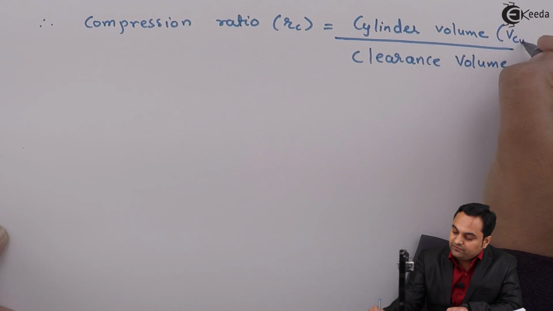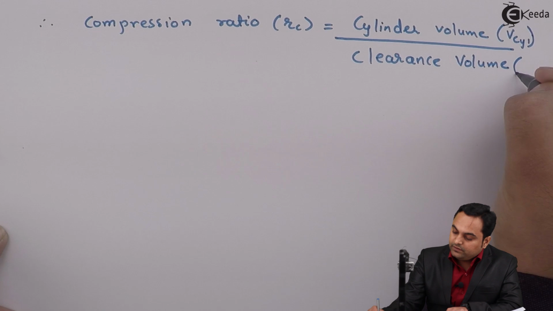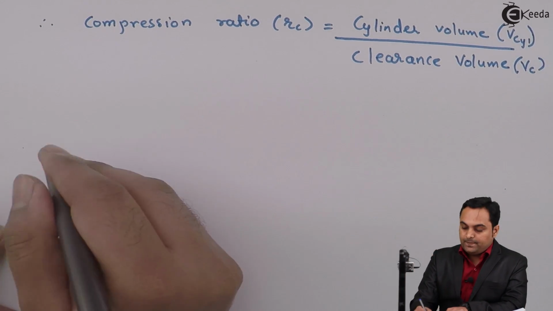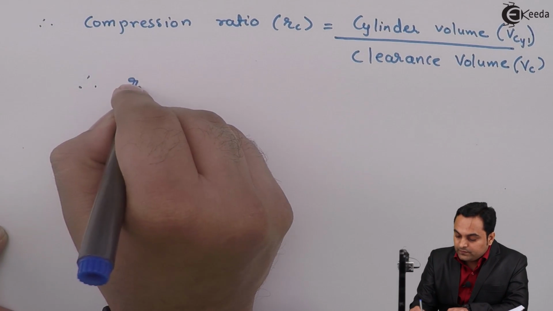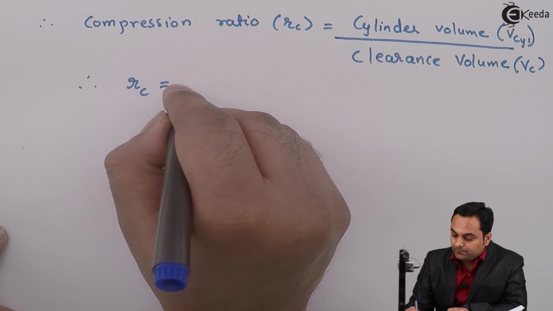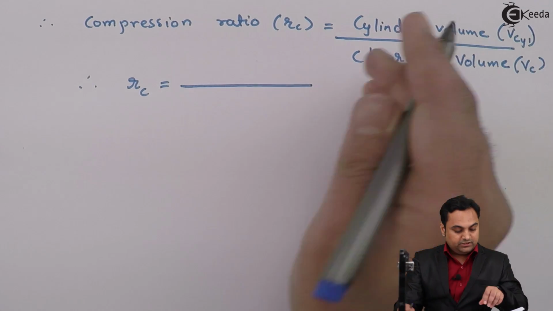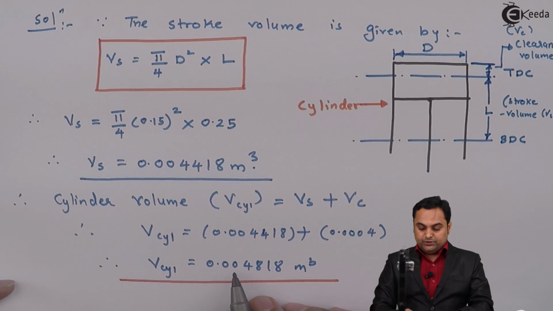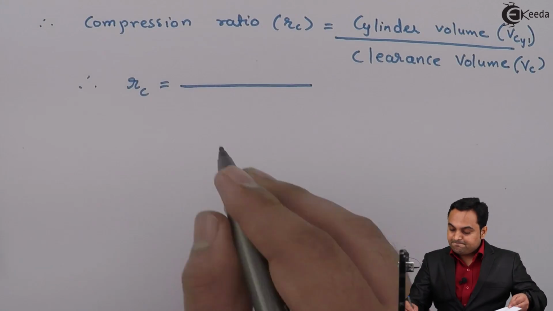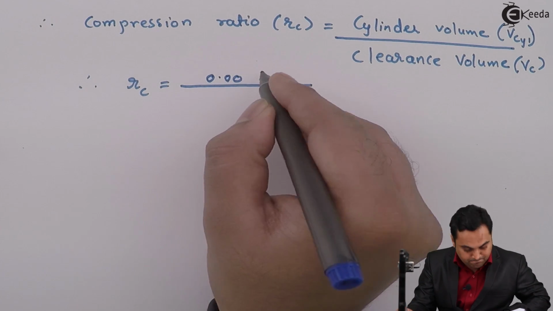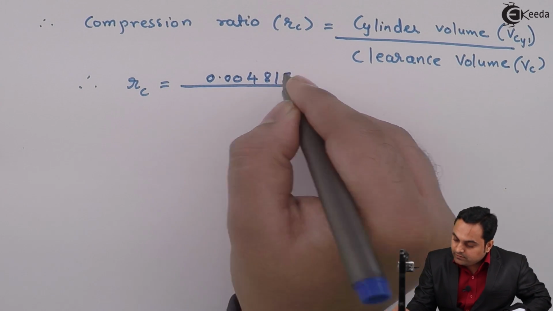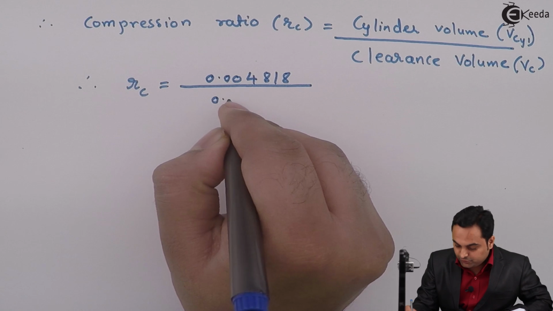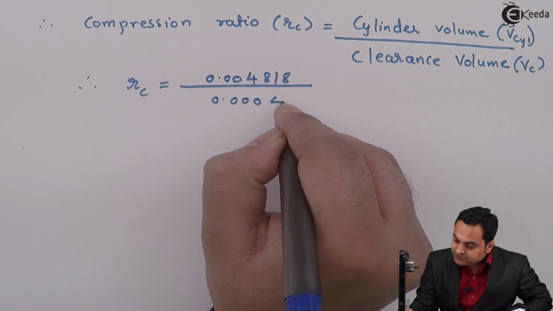Cylinder volume is V suffix CYL, clearance volume is V suffix C. So R suffix C is equal to the cylinder volume I have found out, 0.004818, upon the clearance volume given in the problem, 0.0004.